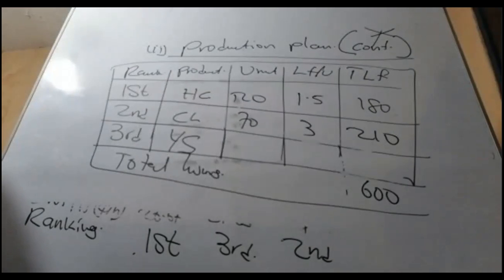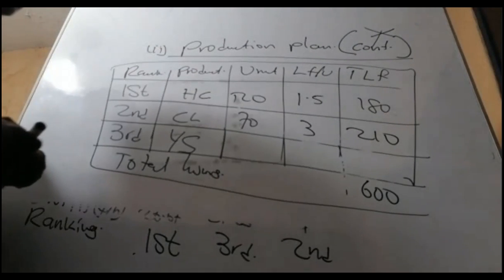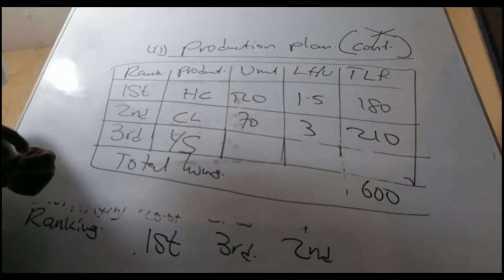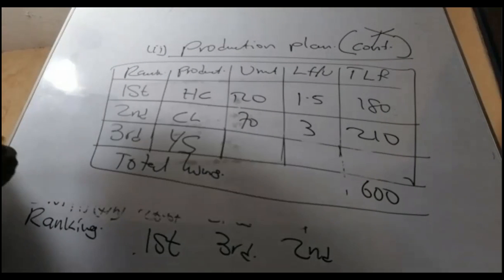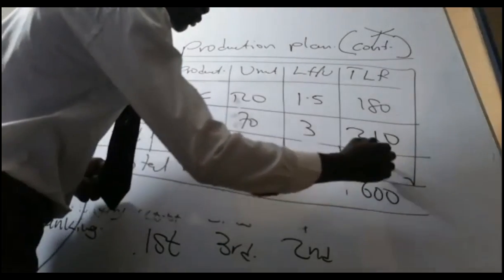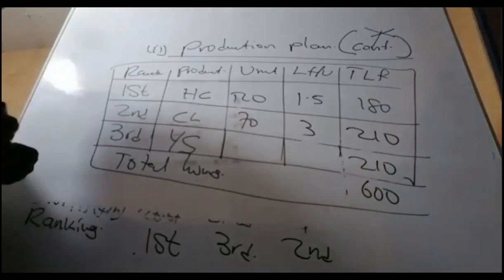Then what about the remainder? So 180 plus the 210 will give us 390, right? Then we take it from 600. So 600 less 390 is 210. Then what's the limiting factor here?